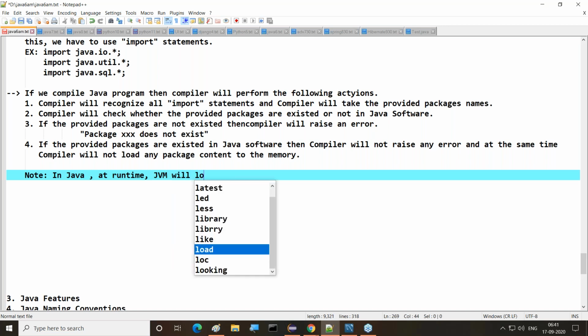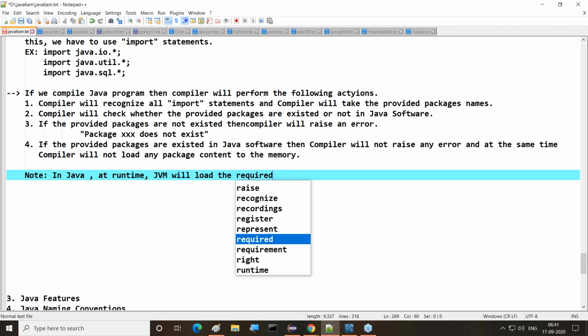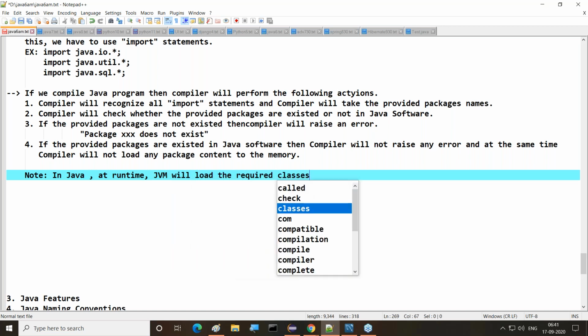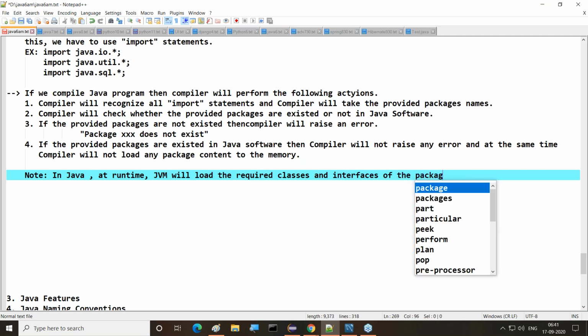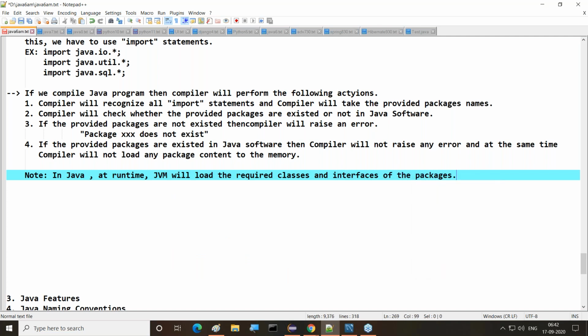JVM will load the required classes and interfaces of the packages. JVM will not load the total package content. JVM will load as per the requirement. The required classes and interfaces are only loaded to the memory at runtime, not at compilation time.